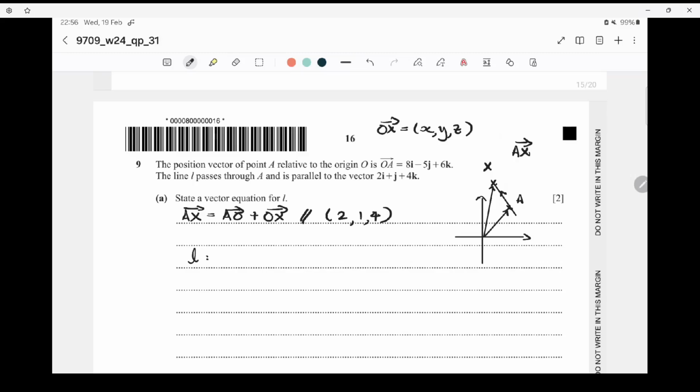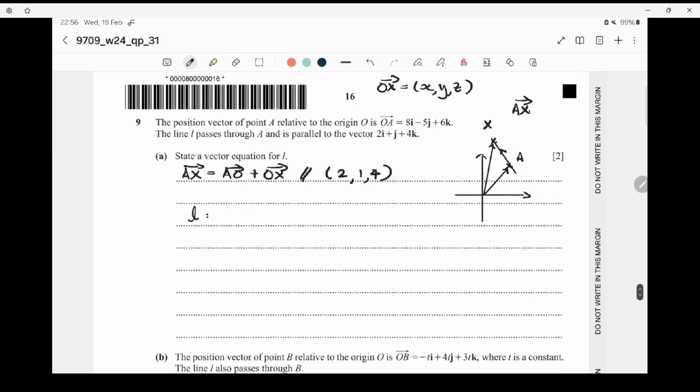Alright. So you would have x, y, and z minus OA, sorry, minus AO, which is 8, minus 5, 6.